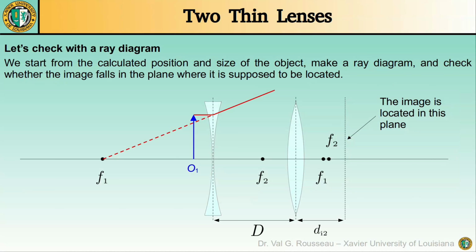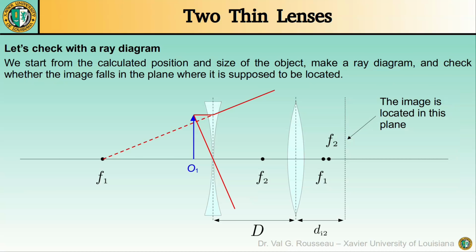For this, we use the fact that the ray that emerges horizontally from the object and hits the diverging lens must appear as coming from the near focal point. The second ray is the one that passes through the center of the lens and is not deviated. These two rays diverge, so no real image is formed by the first lens.